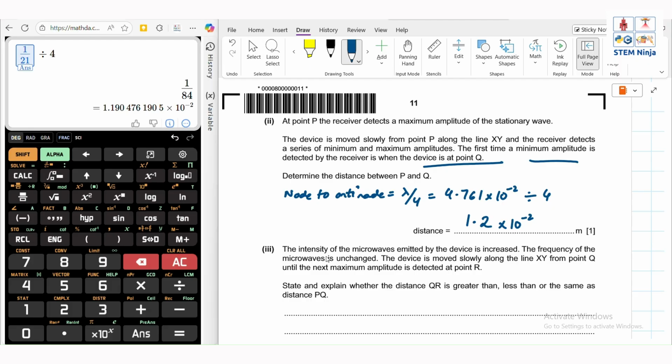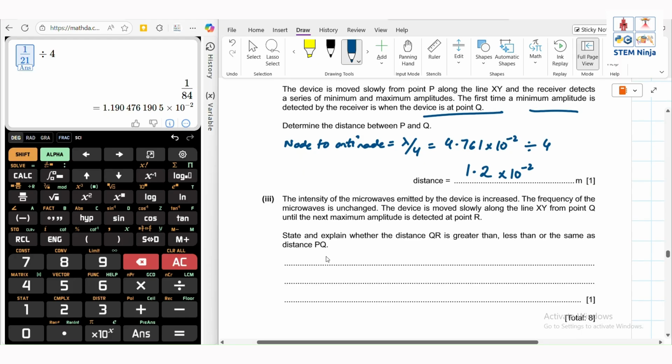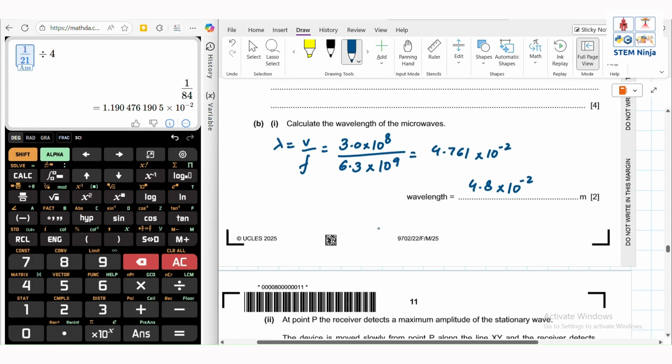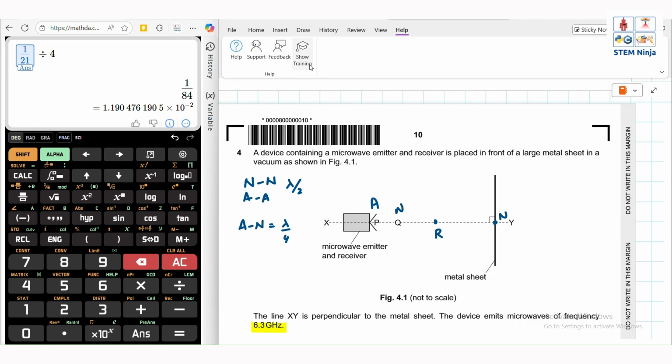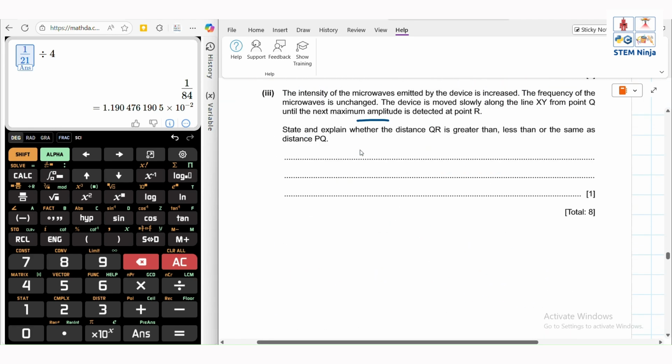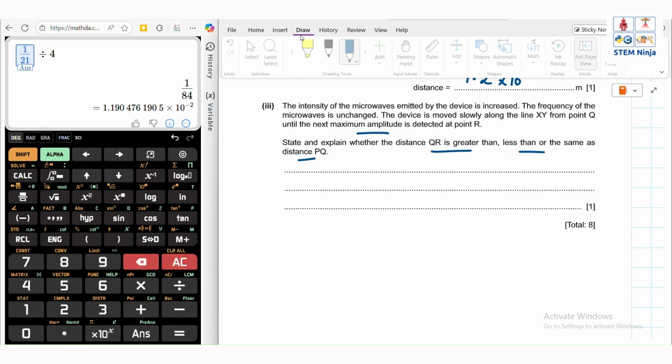The intensity of the microwaves emitted by the device is increased. Frequency of the microwaves is unchanged. The device is moved slowly along the line XY from point Q until the next maximum amplitude is detected at point R. State and explain whether the distance QR is greater, less than, or same as the distance PQ.